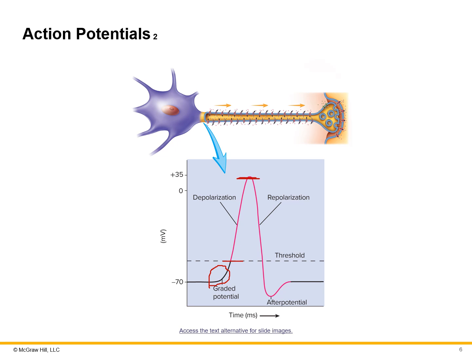It doesn't matter how big of a graded potential we get. If it reaches threshold, we get the line in red every time. So we get this depolarization where it becomes more positive inside than negative. Then it's repolarized back to negative, and then our after potential ultimately returns us to rest.